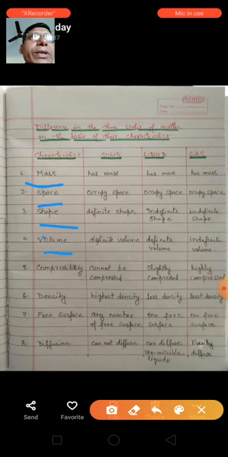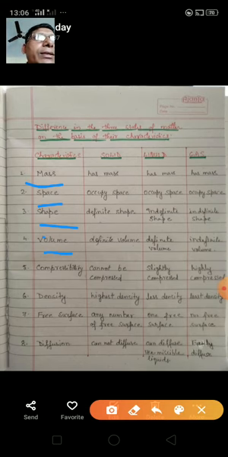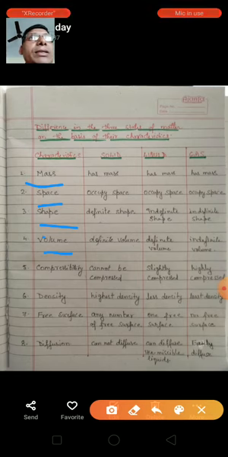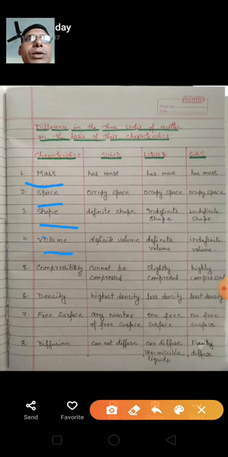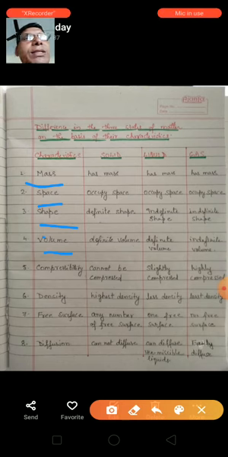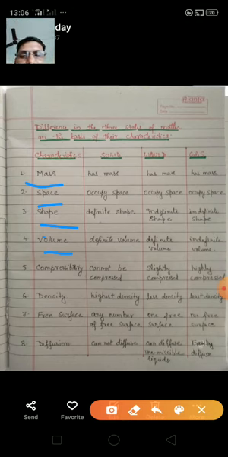It means the gas in the syringe is compressed highly, because it has a large amount of intermolecular space. So gases are highly compressible compared to liquids. Solids cannot be compressed, liquids are slightly compressed, and gases are highly compressed.